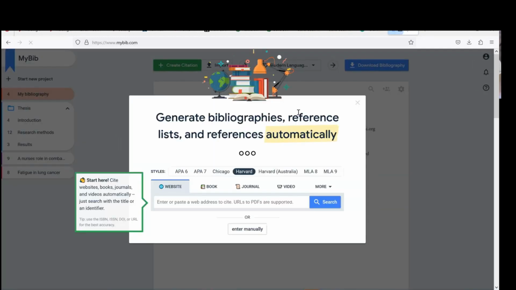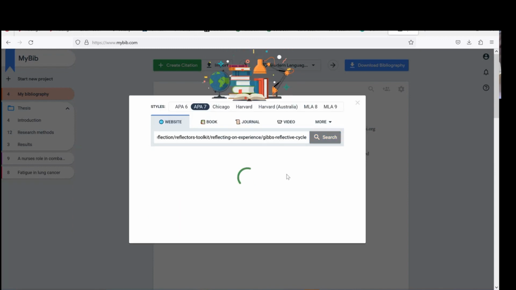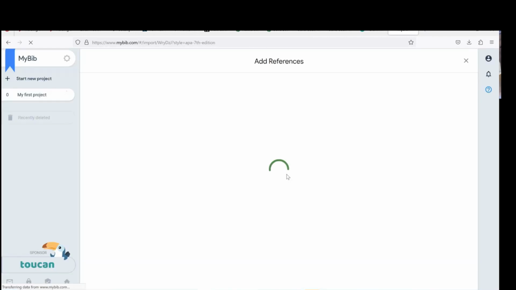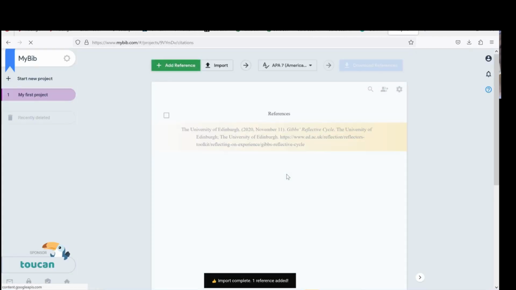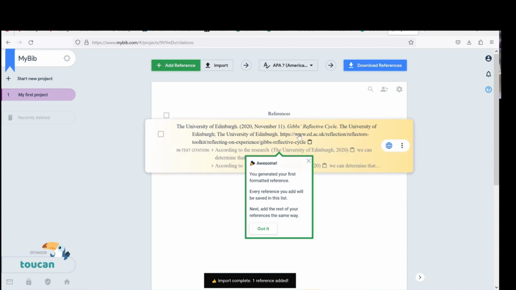In MyBib, we can click on APA 7, that's what we want. And then we put the website in here. And then we click on the reflective cycle of Gibbs. And here we go. So this is how it should look.